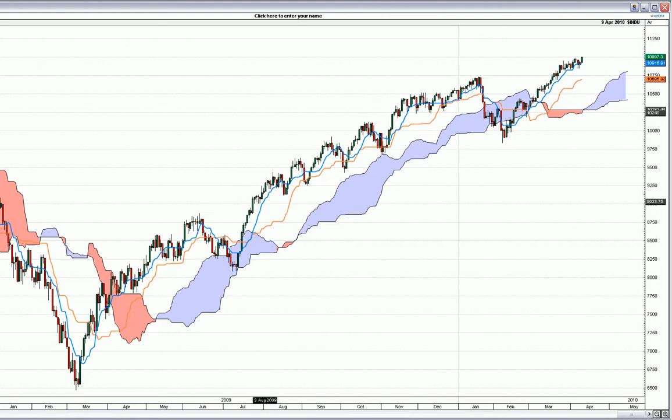The second line, the Kijun line, which some people call the standard line, is the exact same calculation, except it's over the last 26 days, so it's more of a longer term line. These are very similar calculations to moving averages of a 9-day and 26-day moving average. If you were to actually overlap them, they would be very, very similar. These lines are slightly more jerky, however, but basically it's the same calculation.